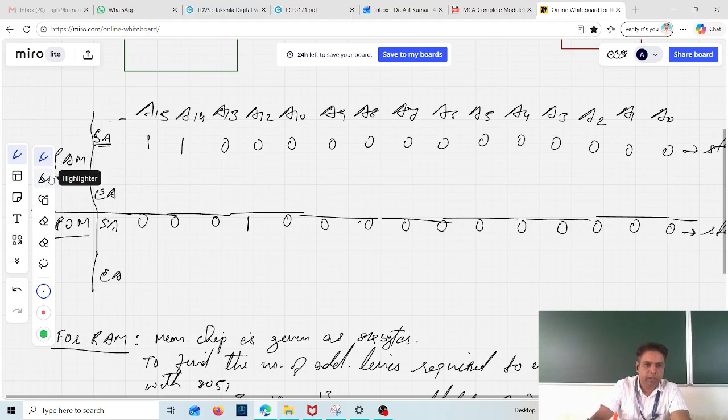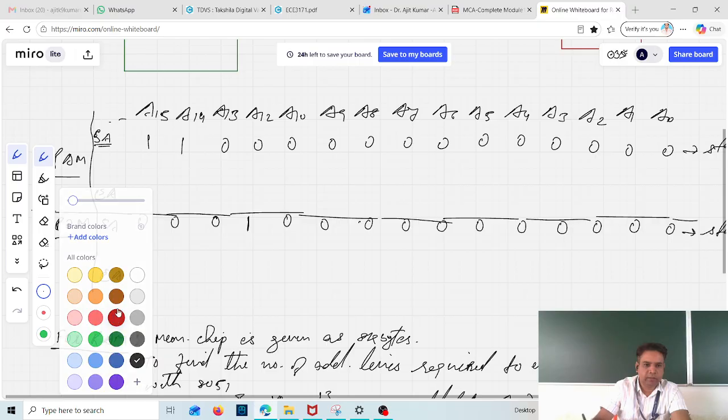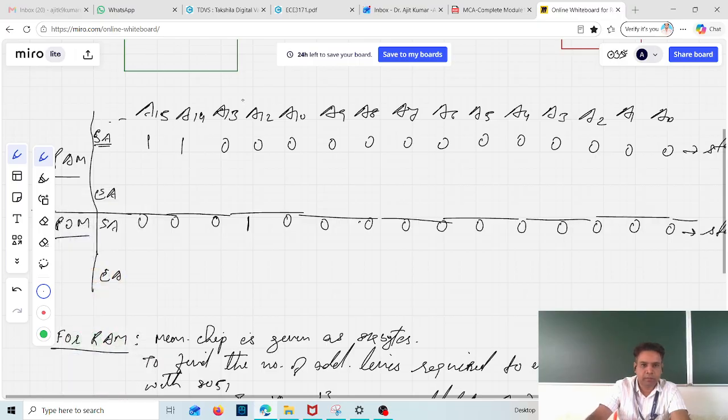Here I will segregate this into two parts. These are the unutilized lines, so they'll be used for the address decoder circuit. I'll circle them and say that this will be connected to the address decoder for RAM.